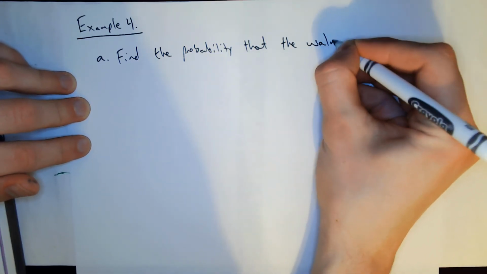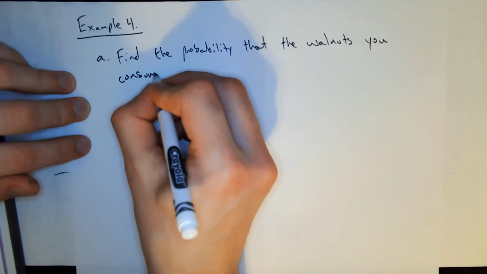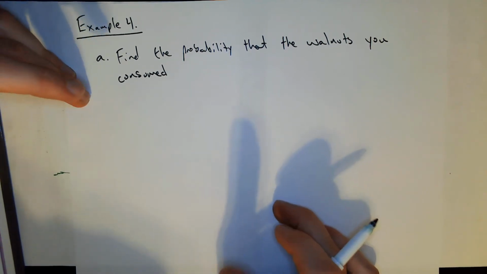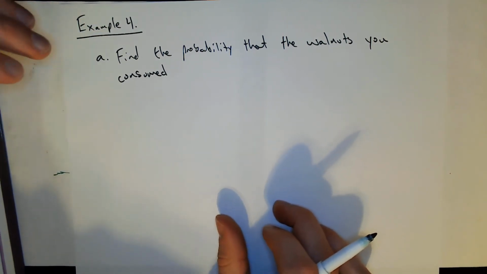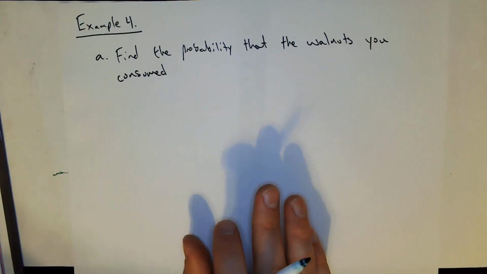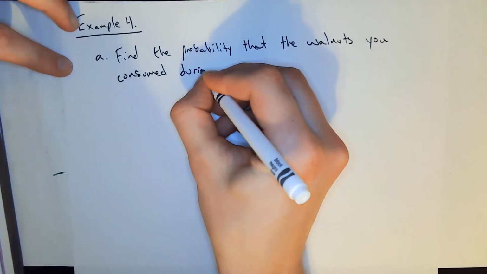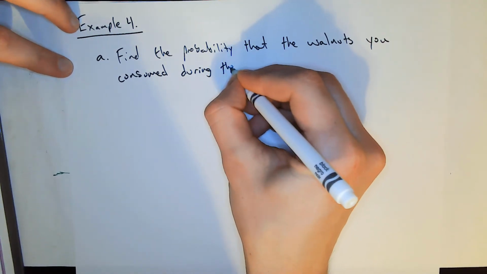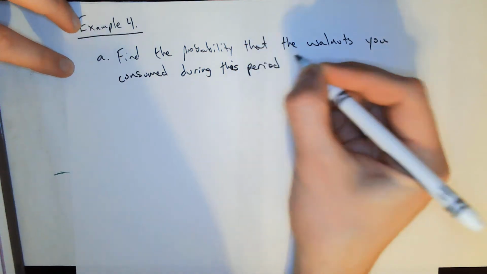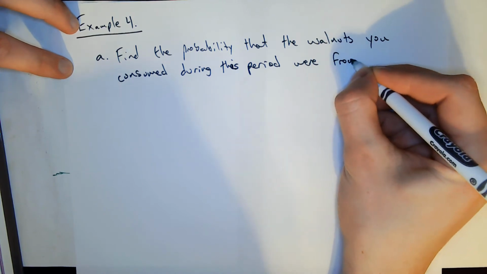And when it says the walnuts you consumed, they're making a strong assumption here that we were in America from the years 2006 to 2011, which may not be true, but just play along for the sake of this problem. So find the probability that during this period the walnuts were from Austria.